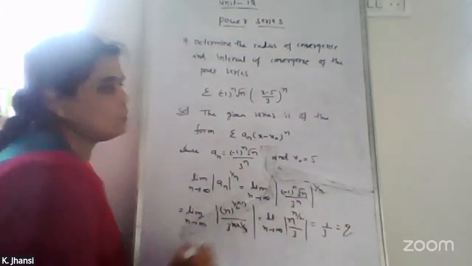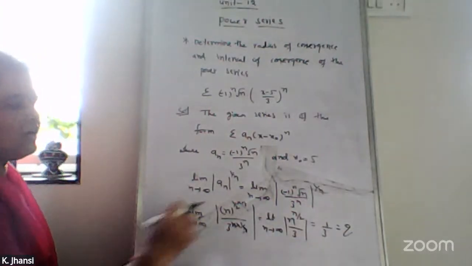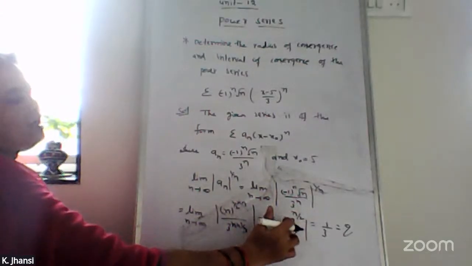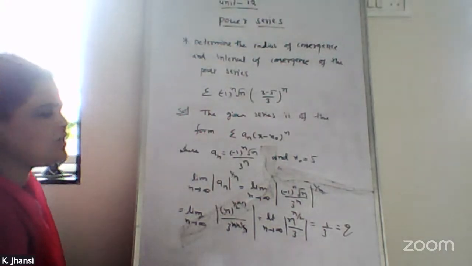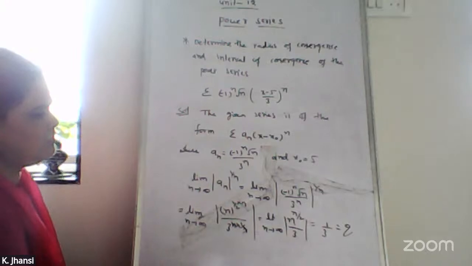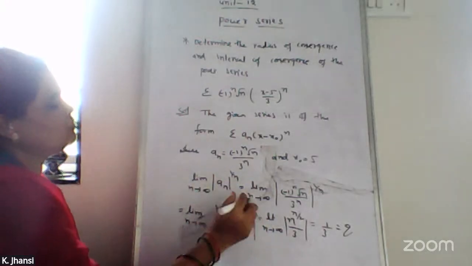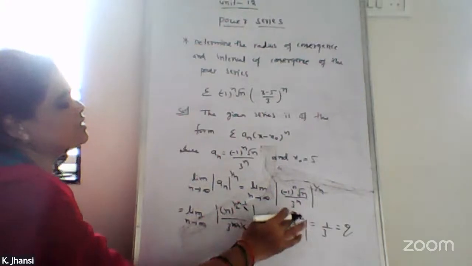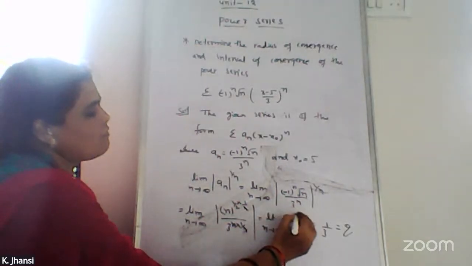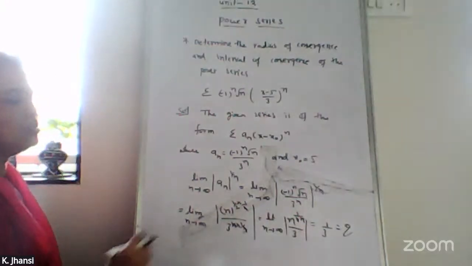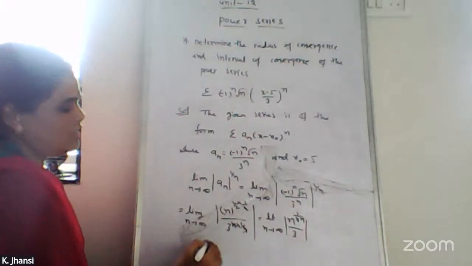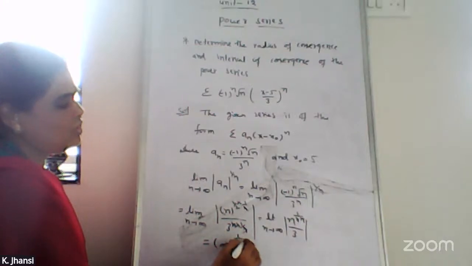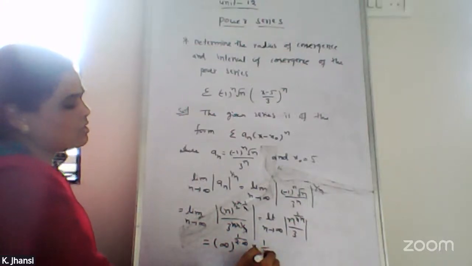It is equals to q. When you substitute the n value as infinity, you get infinity to the power of 1 by 2 into infinity, into 1 by 3.